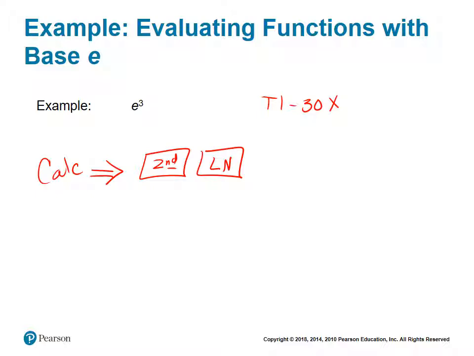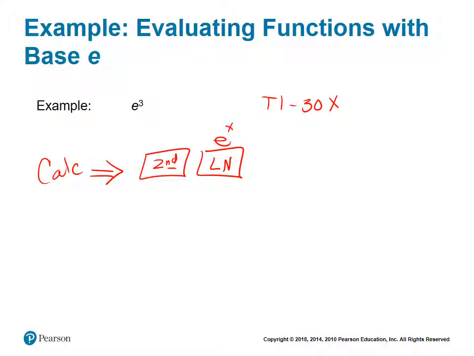Now, we'll talk about more of that later, but that stands for natural logarithm, or the logarithm of nature. And since this is a natural base, you will notice right above the ln key on the calculator, it has e to the x. So that's what we need.